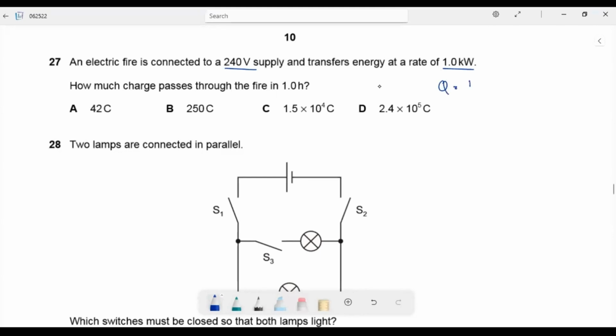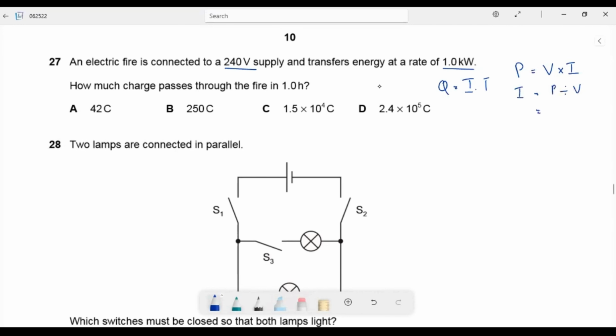Q is equal to I into T, current into time. Here current is not given. So for finding the current, we need to use the equation power is equal to voltage into current. So current can be written as power divided by voltage.